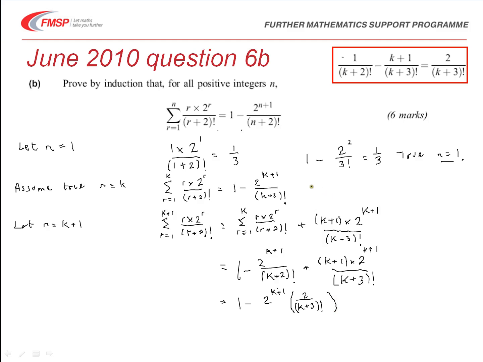Okay, so where are we up to now from there? Well, that is now going to give us what we require, because you can see that what happens on the top when we multiply 2 to the k plus 1 by 2, that will become 2 to the k plus 2.